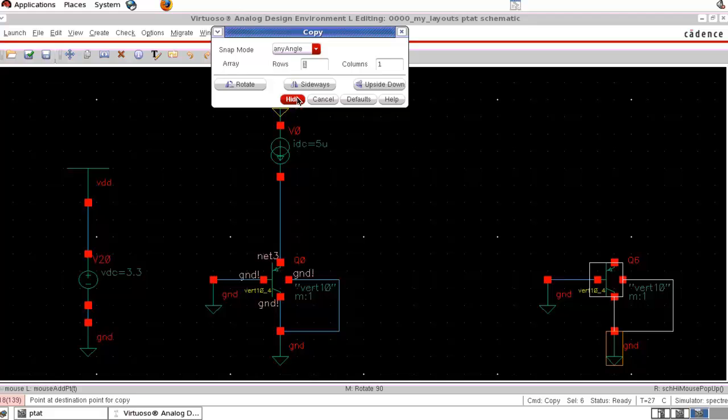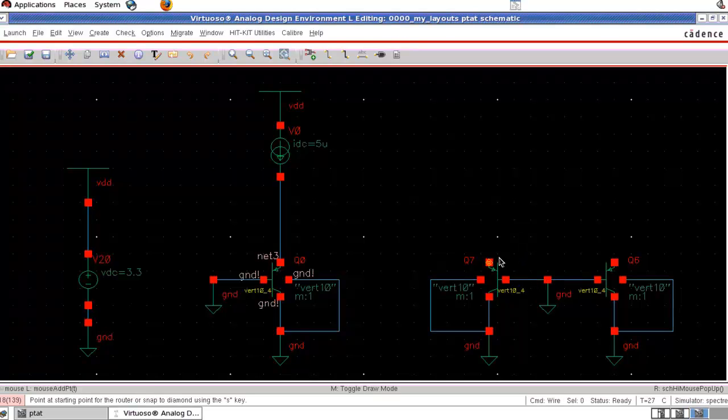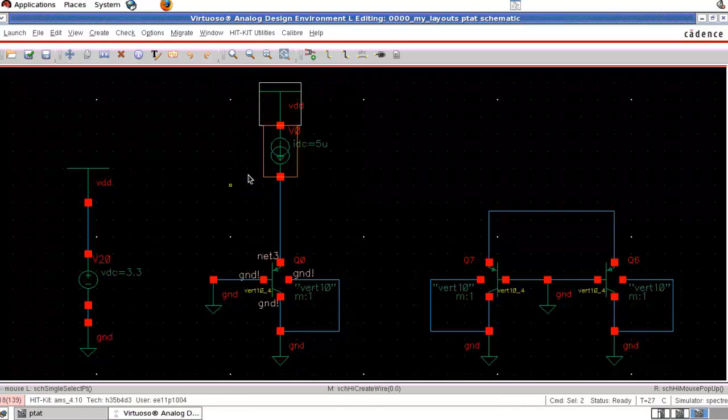Press F3. Now we have two diodes connected in parallel and we are passing through that diode the same current.